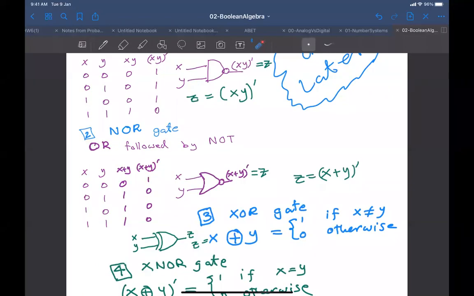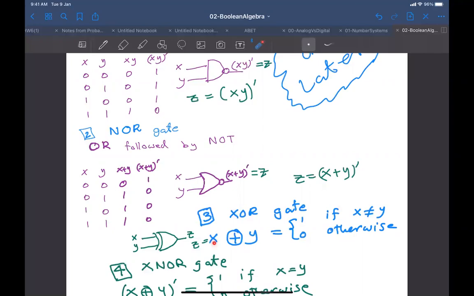Okay. And we can also define the XOR gate. It is also a composite gate, but it has a different functionality. It's not something followed by something. So the XOR gate is defined like this.